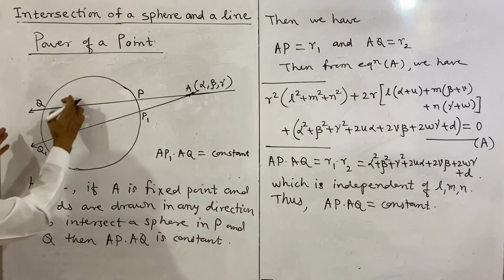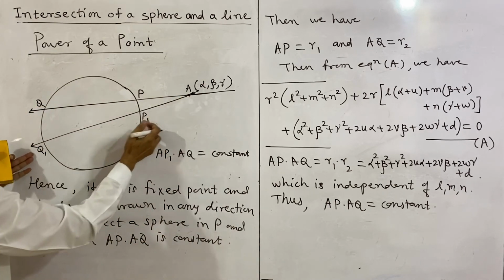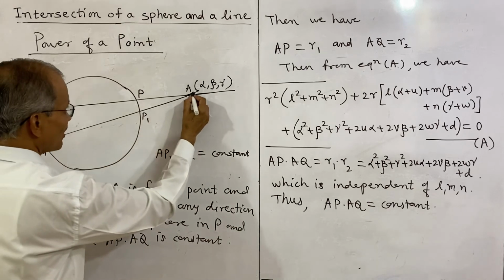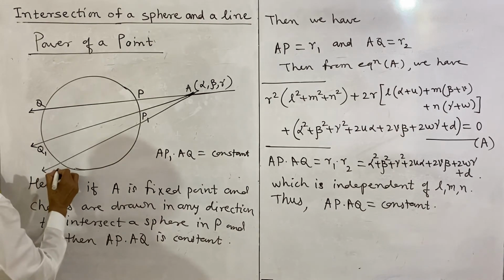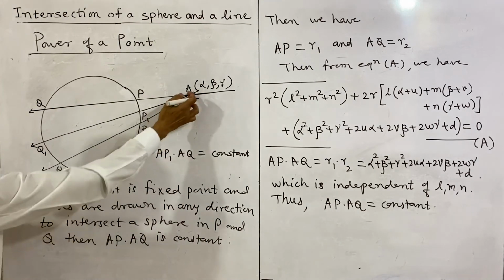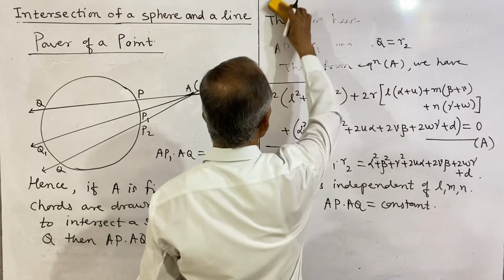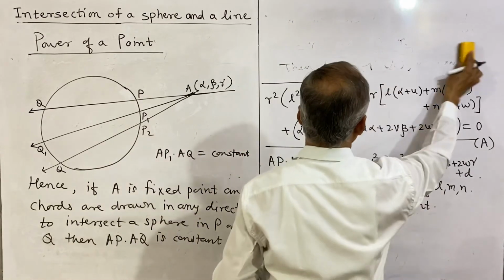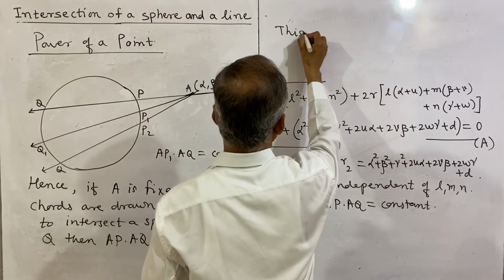Here we have written that AP into AQ is constant, or similarly AP1 into AQ1 is constant, or if you consider another chord passing through P2 and Q2, then AP2 into AQ2 will also be constant. This constant is known as the power of the point A with respect to the sphere.